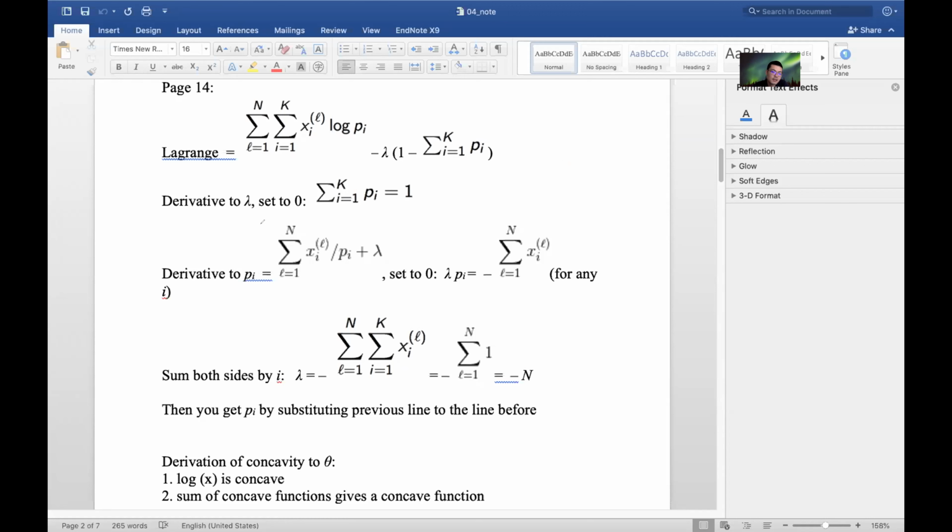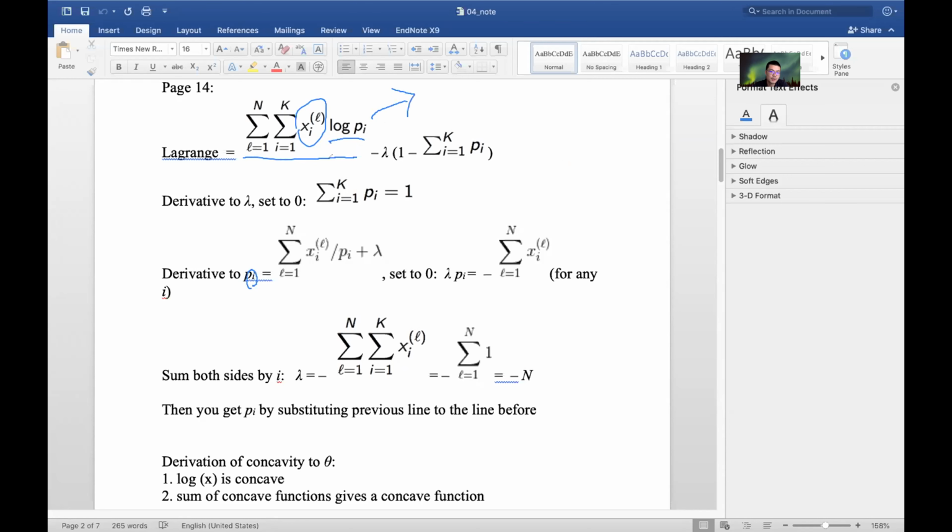The second thing is that we now need to take the derivative with respect to the regular parameters, not the new Lagrange multiplier. If we look at this term, these are constants, 0, 1, 2, it's a one-hot code. We are taking the derivative of this term with respect to a particular P0, P1, P2.